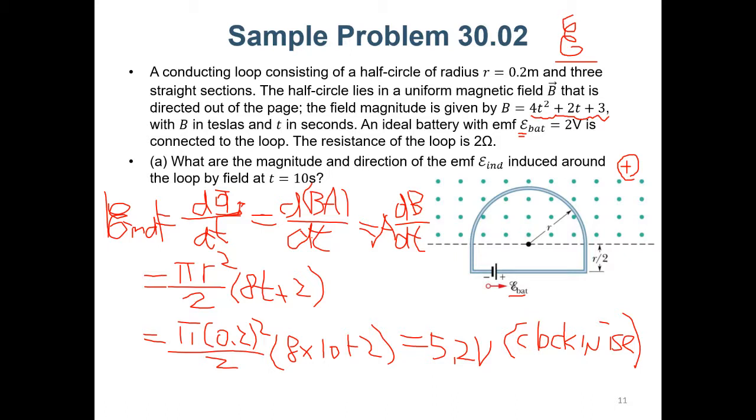And then finally we can calculate this, which is also positive. Which means according to the right-hand rule, this is positive. However, for Faraday's law, there's a negative sign, so it should be in the other direction. So finally, it should be clockwise.